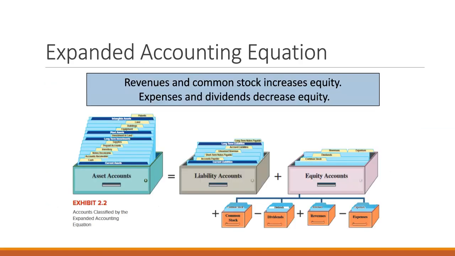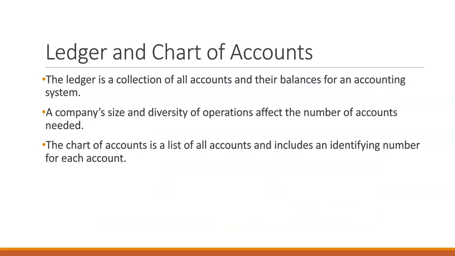Okay, so then we have our expanded accounting equation where we add common stock, dividends, revenues, and expenses as part of our equity account. Revenues and common stock increase equity, and expenses and dividends decrease equity.